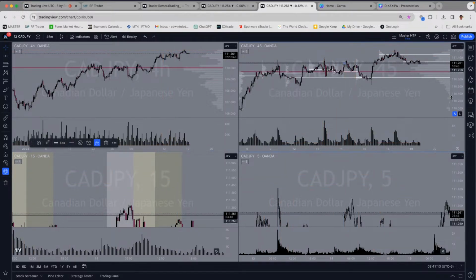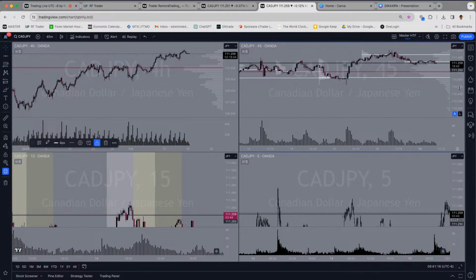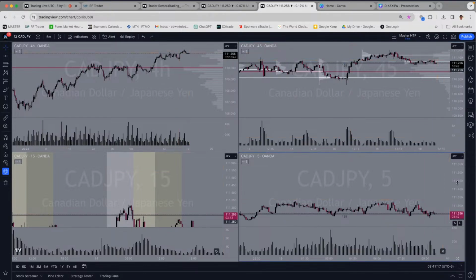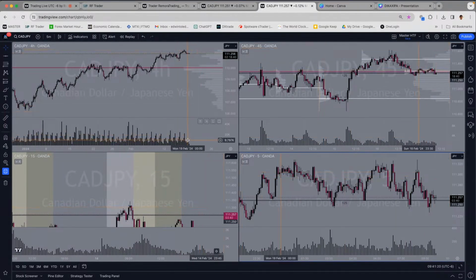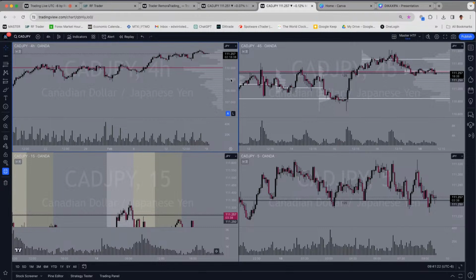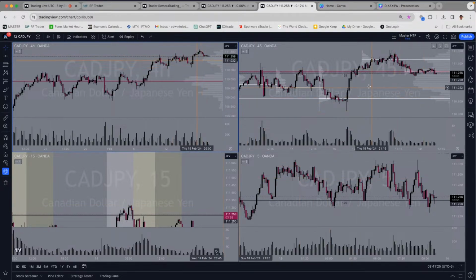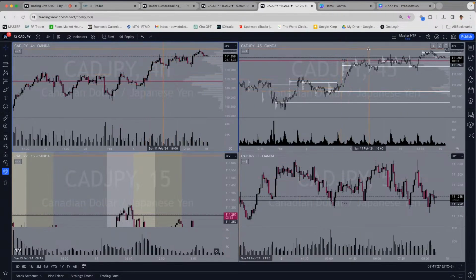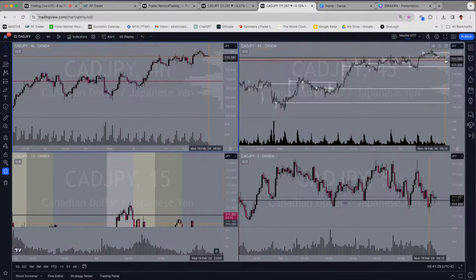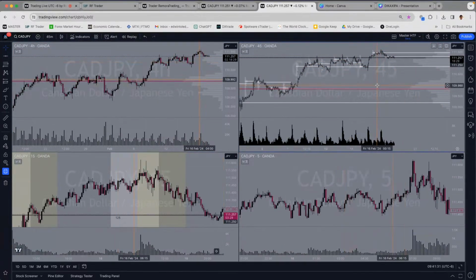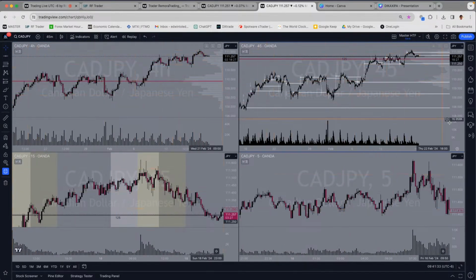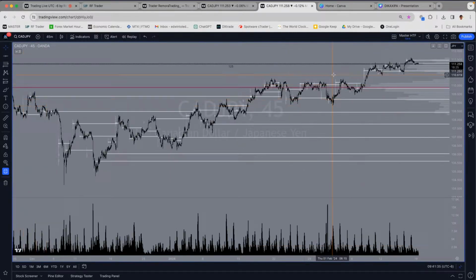Let me just see what is this thing doing. Gotcha. I think it could go up. Look at how it broke, retested. It could be on its way up, I think.